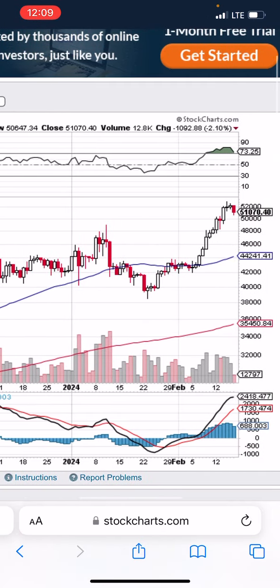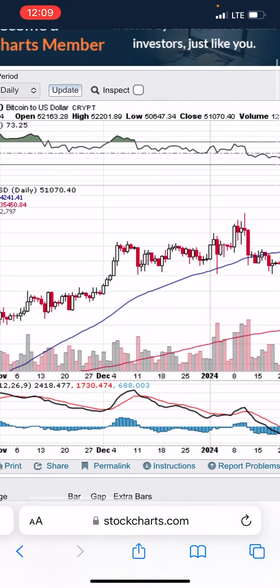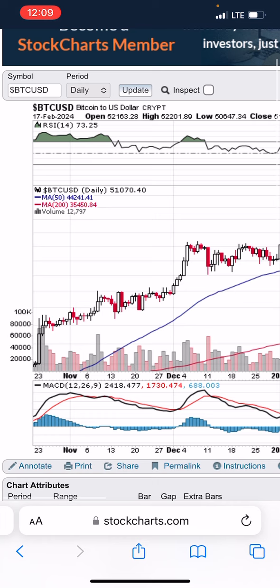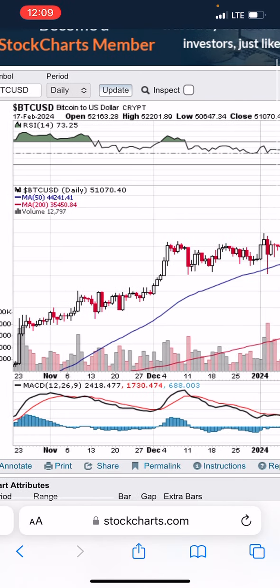Now, if you're a swing trader, you're watching this. If you're a day trader, this isn't too important to you, because you already lost your money. I don't believe in day trading. But for the most part, when it comes to trading cryptos, there are only a couple cryptos that you can actually trade.